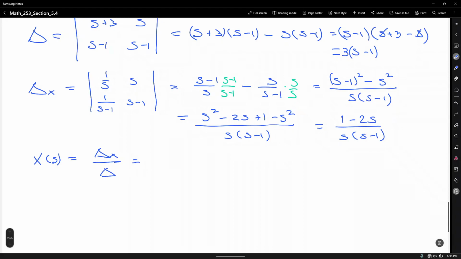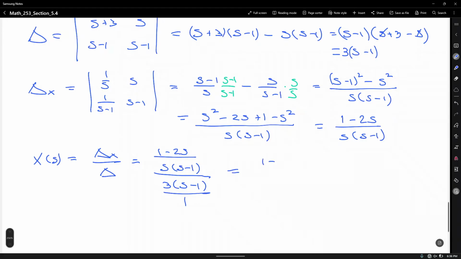So that'll be delta x, which is 1 minus 2s over s times (s minus 1), divided by delta, which is 3 times (s minus 1). Let me divide this by 1 so we can multiply by the reciprocal.